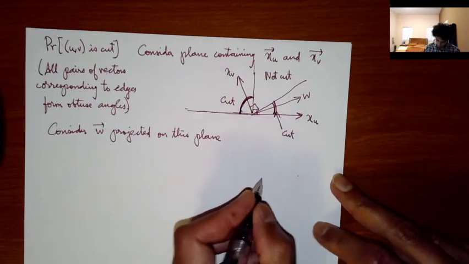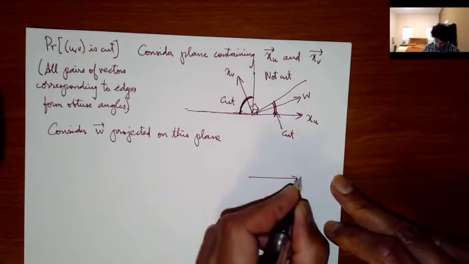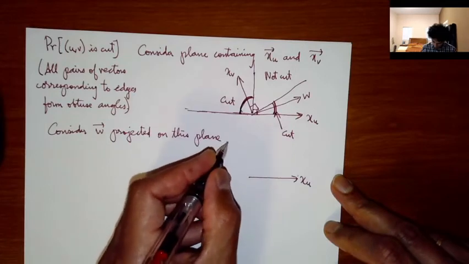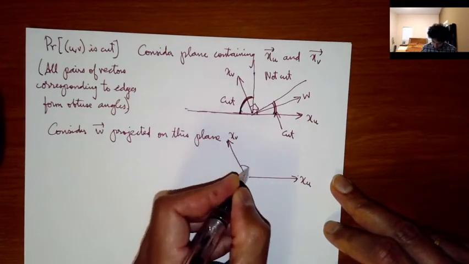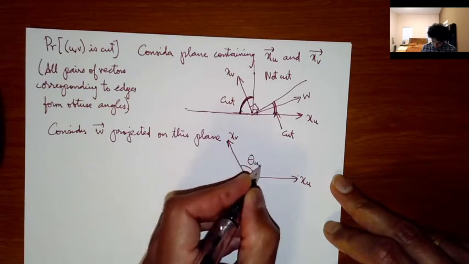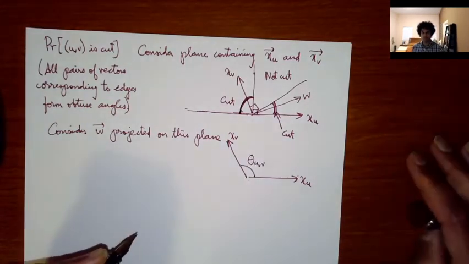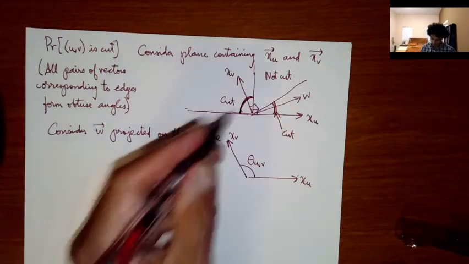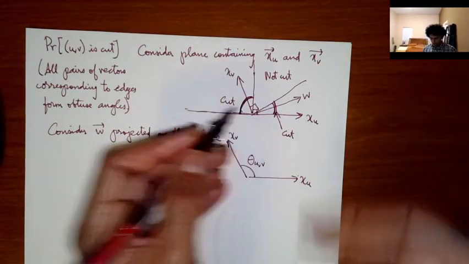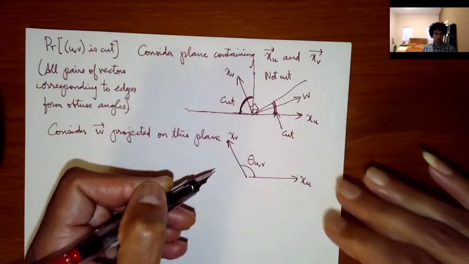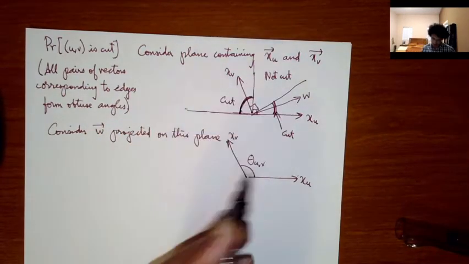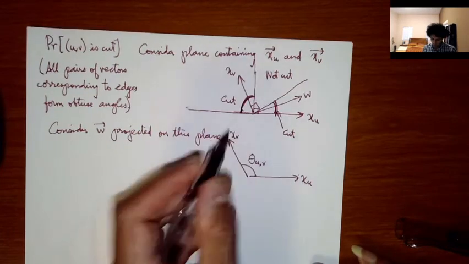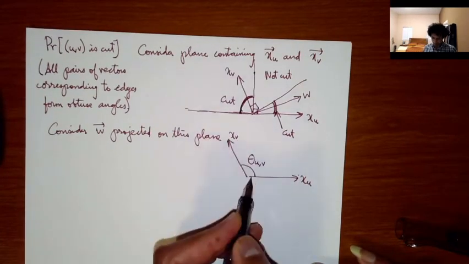Okay, so I'm just going to draw this picture again with a little bit of cleanliness here. Let me refer to this angle as theta UV. Of course, you can have a symmetric picture on the other side, but let me just assume that W lies in this positive region. What is the cut angle compared to theta UV?